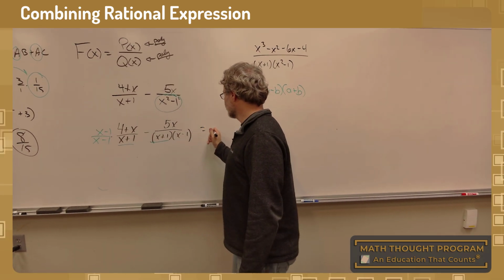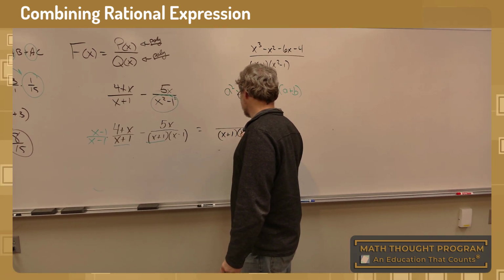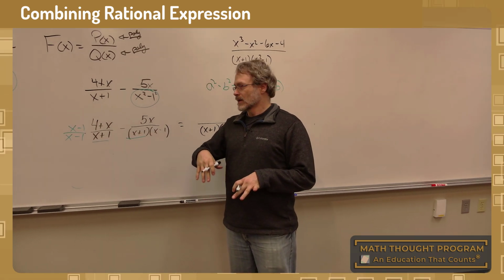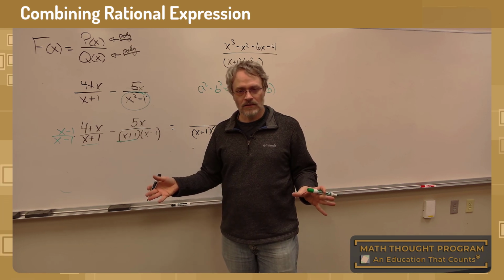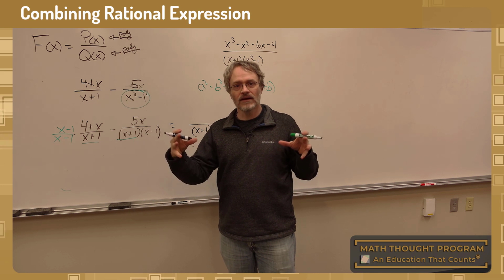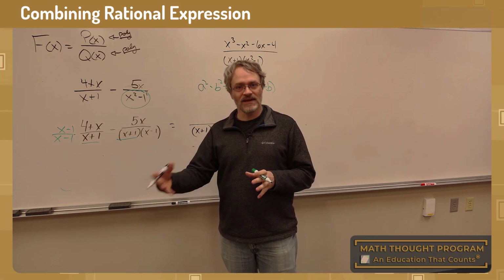I will get x plus 1, x minus 1. And notice how I'm keeping the denominators factored. I'm not expanding out. It's a waste of time. Don't worry about it. Keep it in factored form for as long as you possibly can.